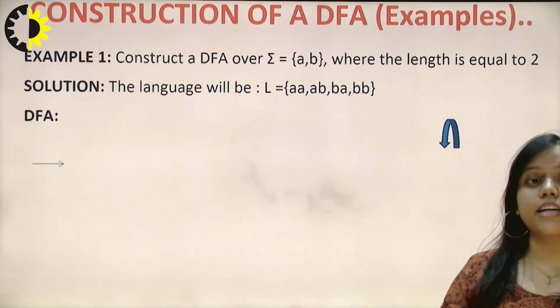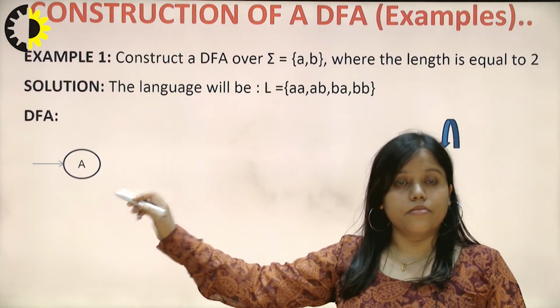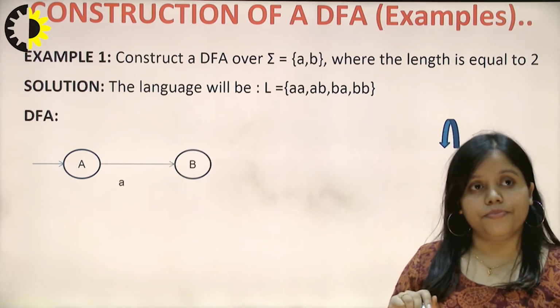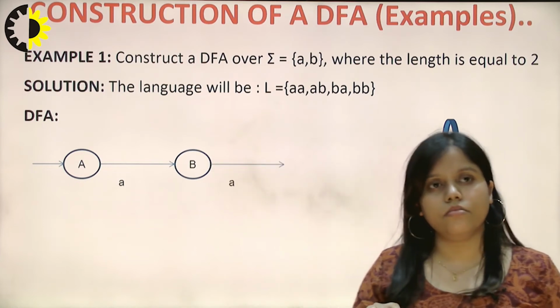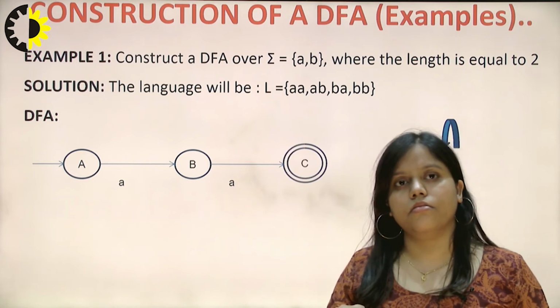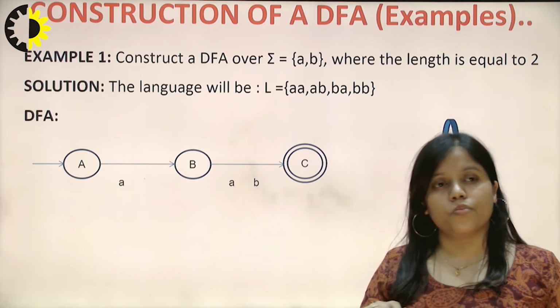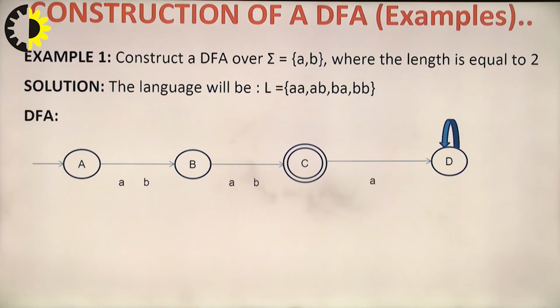We make the initial state, state A, then state B, then another state, the final state.